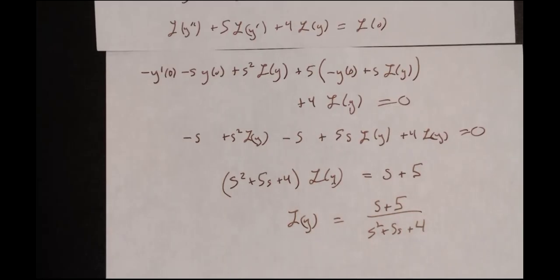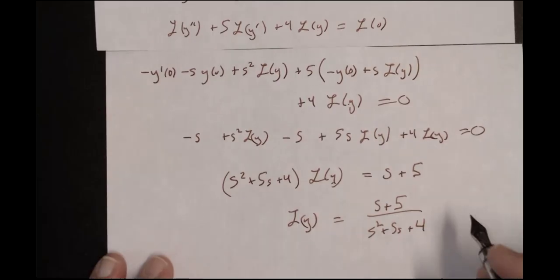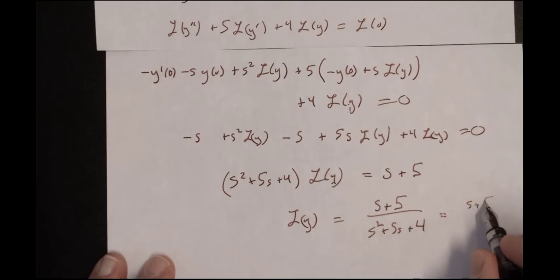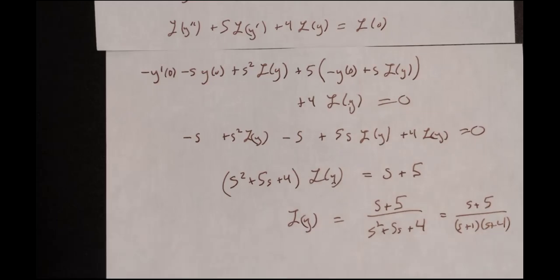Please notice that the denominator here is our auxiliary equation, isn't it? R squared plus 5r plus 4 would have been what we got from the original equation. But that factor's on the bottom. S plus 5 over s plus 1, s plus 4. Again, if I do partial fractions, I can do the inverse transform.